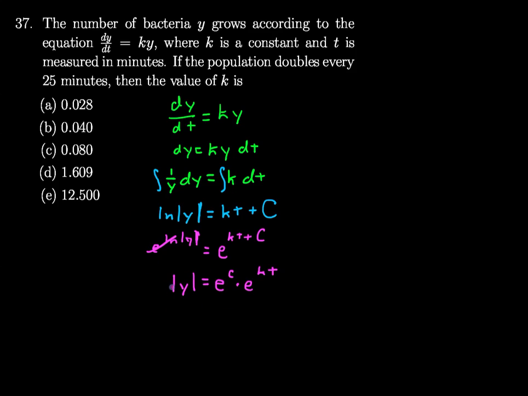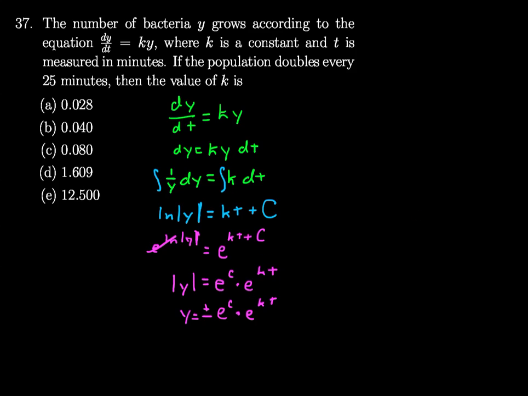And one more thing before I solve for y. If I have the absolute value, that means I can have the positive or the negative of this side. So I could have y equals positive or negative e to the c multiplied by e to the kt. But I don't actually have both at the same time. I only have one.